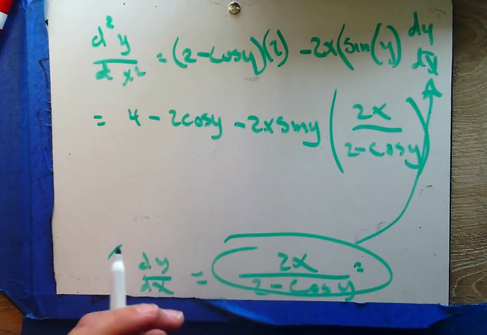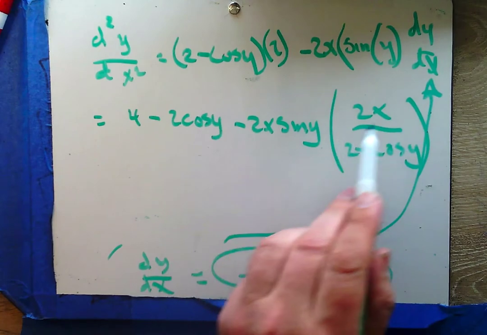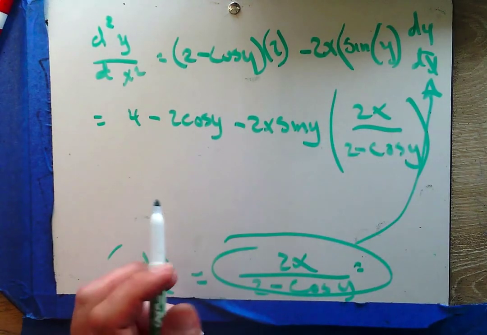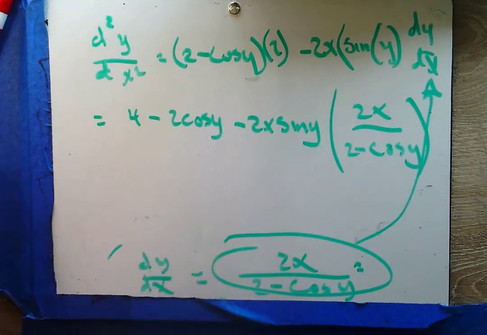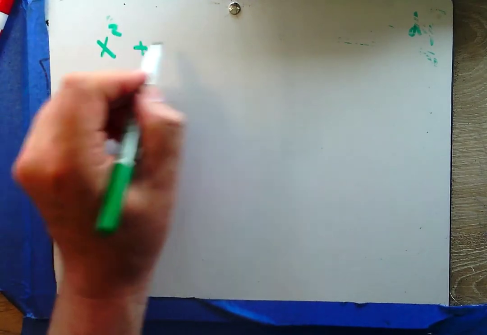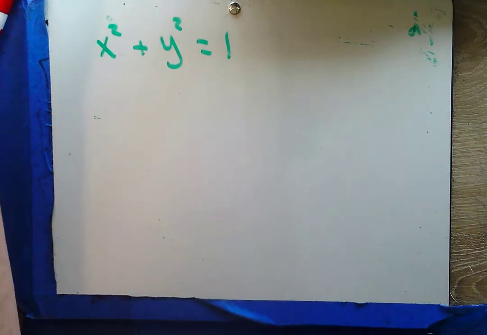And, you know, I'd probably leave it like that. You could make a common denominator. You could write this as 4x squared sine y on top of that. But I think I'm just going to move on. All right. So if you haven't done one yet, please find the second derivative of our dear friend's circle.